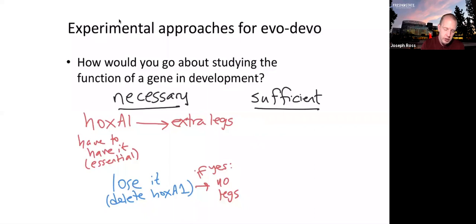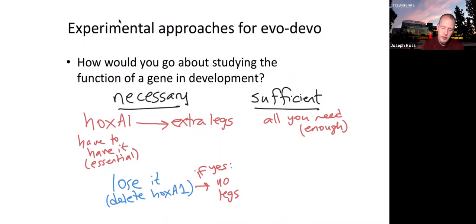In terms of sufficiency, that means it's enough, it's all you need. By itself, is HOXA1 all that you need to produce extra legs?